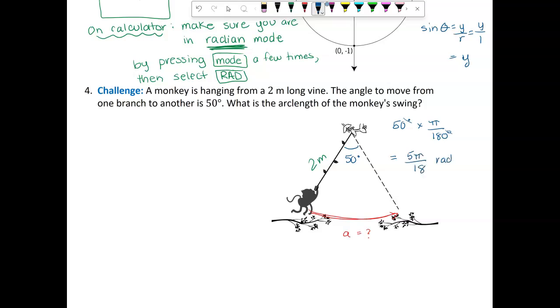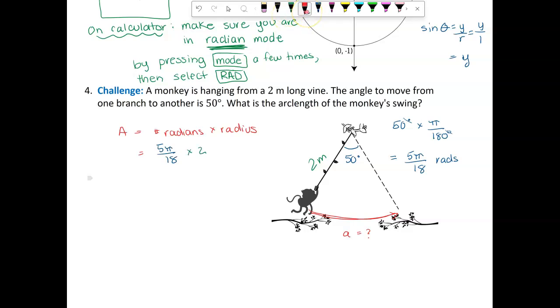Radians, or rads. Okay, so now, if you recall, the arc length equation was the number of radians times the radius. We have 5 pi over 18, and the radius they told us is 2 meters.